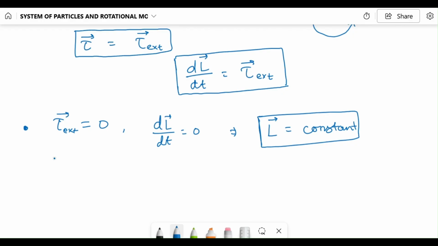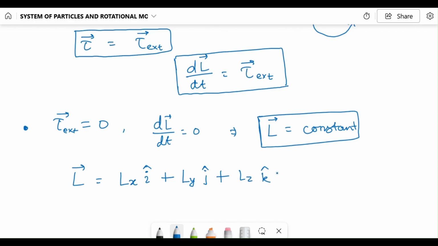Okay, now let's take the component form of this thing. If we are talking about the Cartesian system, we can resolve this angular momentum vector into its components along the three axes: Lx i cap, Ly j cap, and Lz k cap. Lx is the component of angular momentum along the positive x direction, or along i cap, and similarly we can write the other components too.